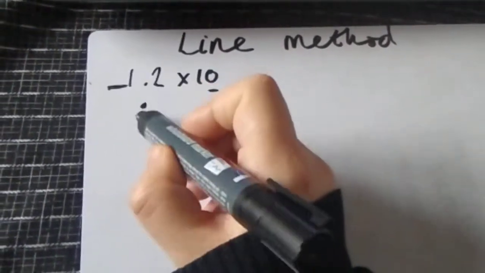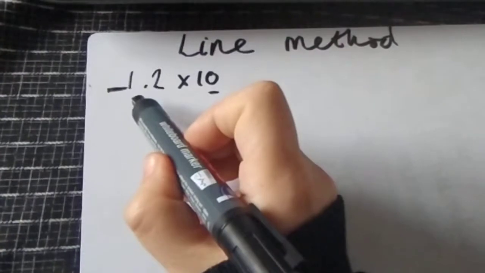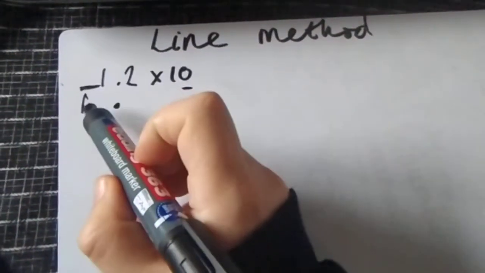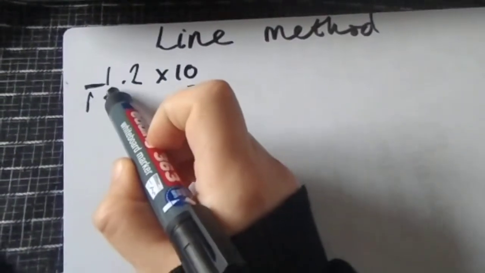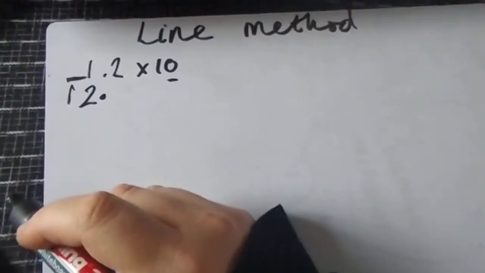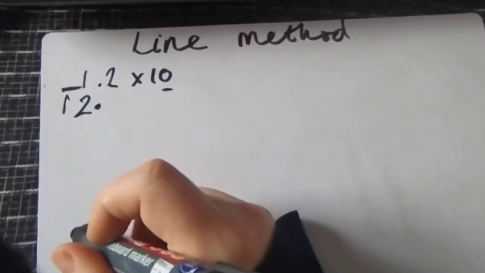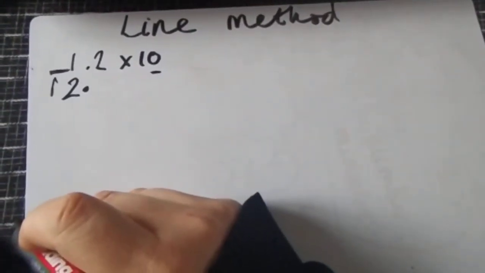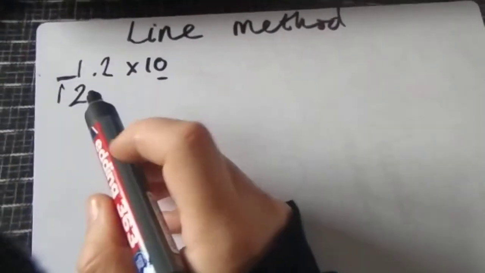We put the decimal point in line underneath, and then we move everything along. So the 1 now goes into the tens column, and the 2 comes along into the ones column. It does help if you've got squared paper or you've drawn grid lines to do this, so you make sure you're moving into the right place.